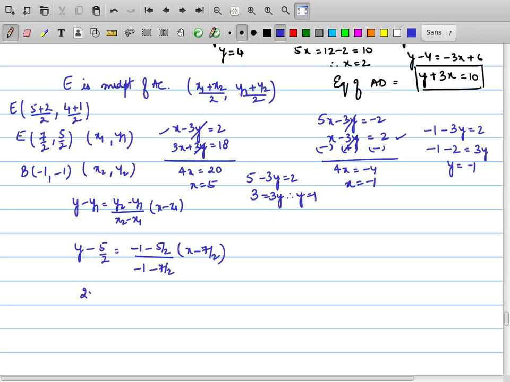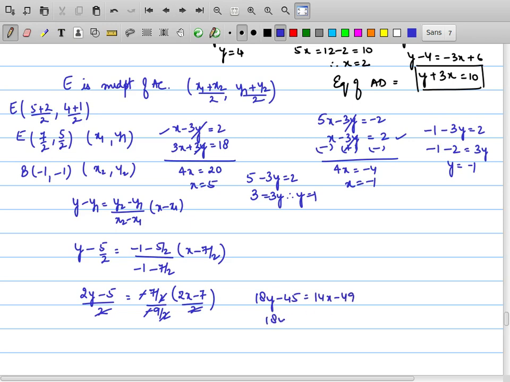We can easily solve this. y minus 5 by 2 is, this is minus 7 by 2 minus 9 by 2, x minus 7 by 2. This 2 goes, minus goes, 2 goes. So 9 goes to the left side, 9 times 2y is 18y minus 45, 7 times 2 is 14x minus 49.